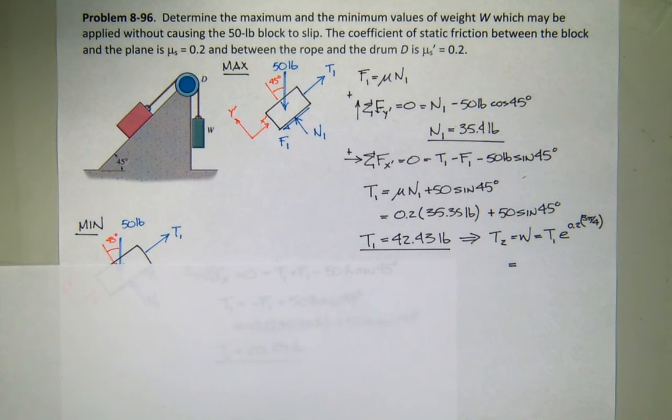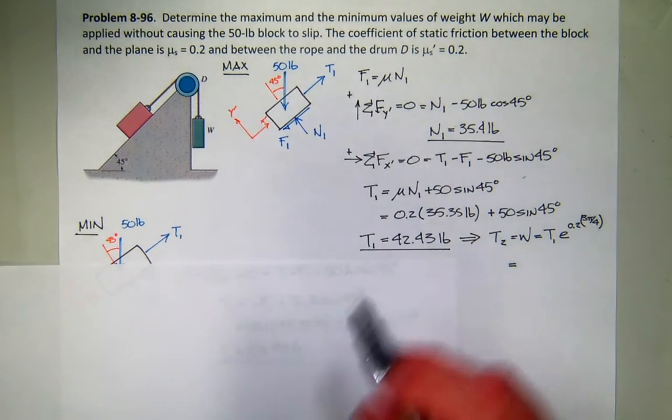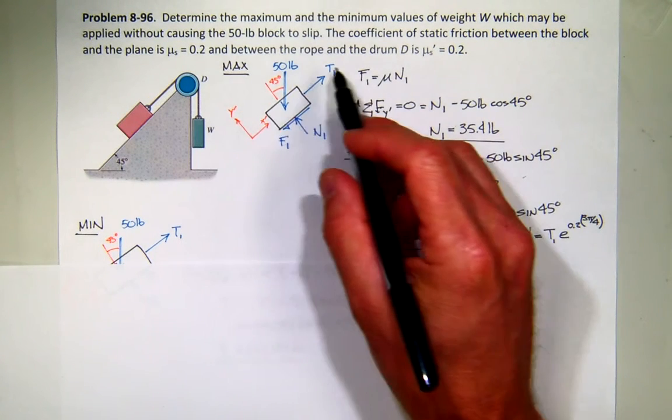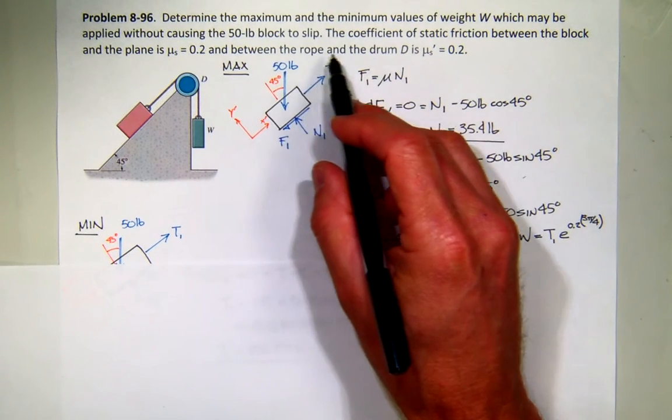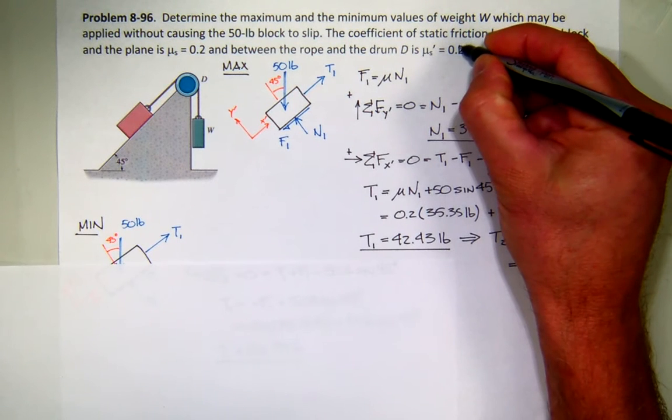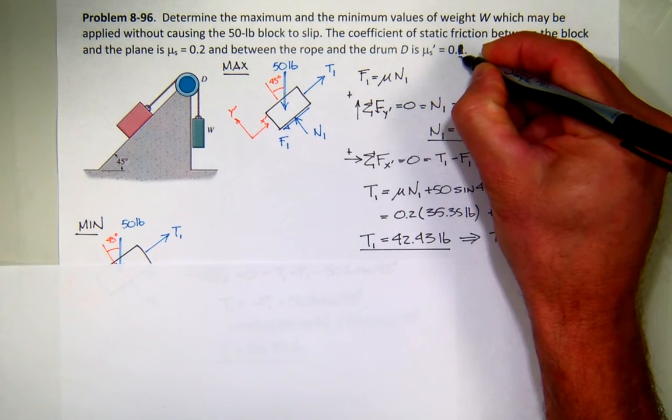I've made an error. I think I've given you some bad information. I got 67.97. I think the coefficient of friction is 0.3. You have your book open? Yeah, I think it's 0.3. That's weird. I guess when I copied it over, I messed up. So the coefficient between the rope and the drum is not 0.2, it's 0.3.